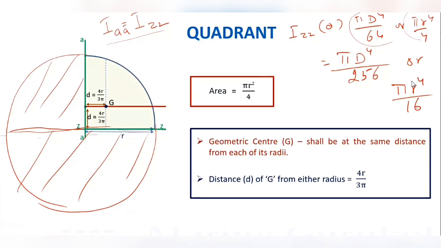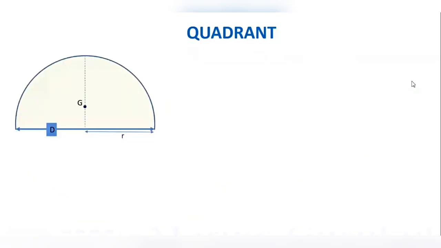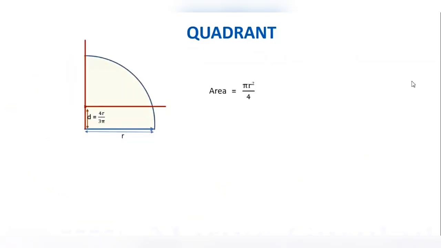Is that clear, beta? Understood? So it will become 1/4 of that of a circle about the diameter. So you remember, or it will become half of what was for the semicircle, whichever way you want to do it. So it will just become half of the semicircle or 1/4 of a full circle, whatever you want to take.